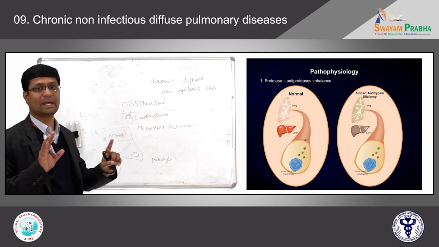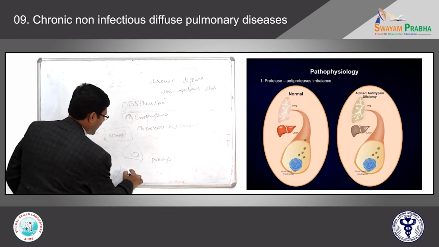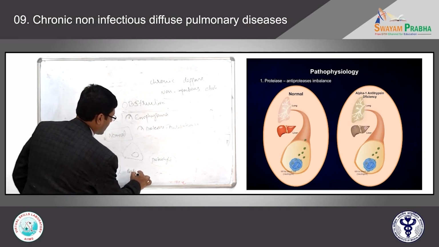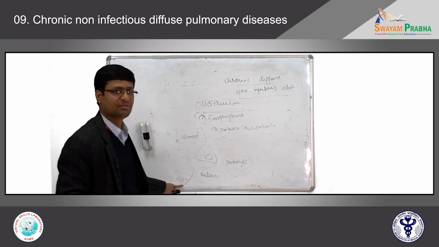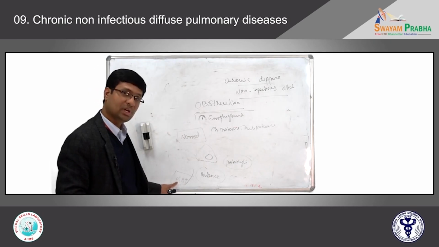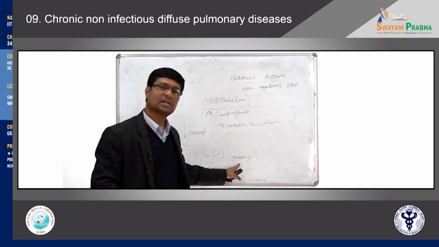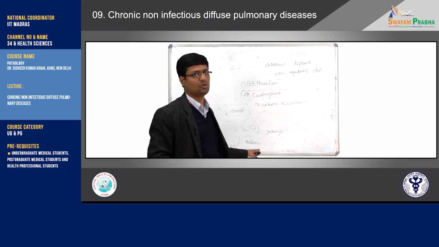Understood? So our lung is healthy. Normally there will be a proper balance between alpha-1 antitrypsin, that is the anti-proteolytic enzyme, and the proteolytic mediators, cytokines, produced by neutrophils.